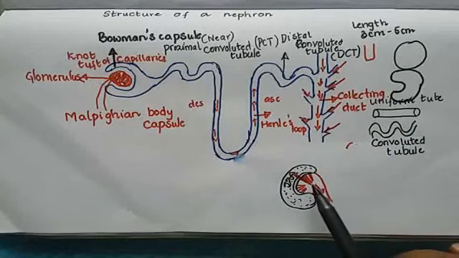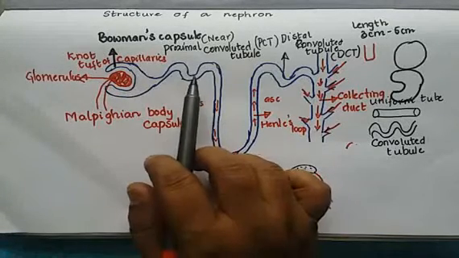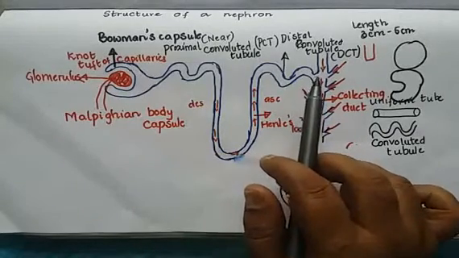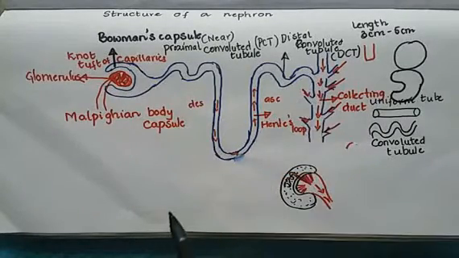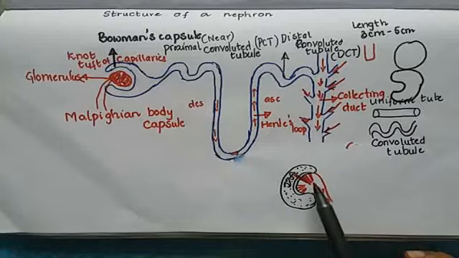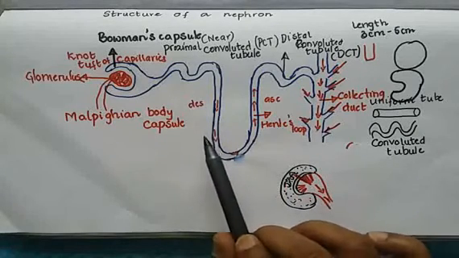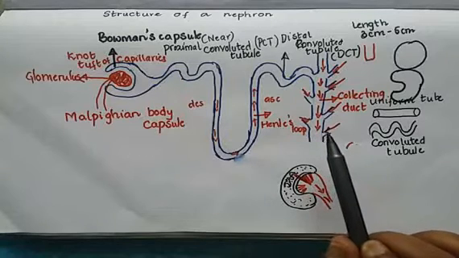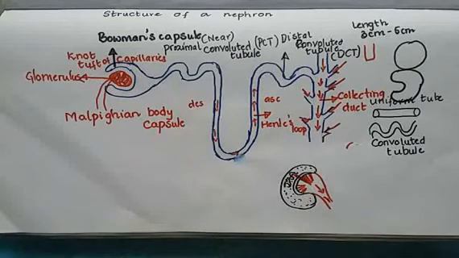So the cortex of the kidney has a dotted appearance due to the presence of Bowman's capsule, PCT and DCT, which is one of the expected give-reason questions in the board exam. And the medulla of the kidney has a striped appearance due to the presence of the loop of Henle followed by the collecting duct. Yes, children, with this we complete the structure of a nephron.